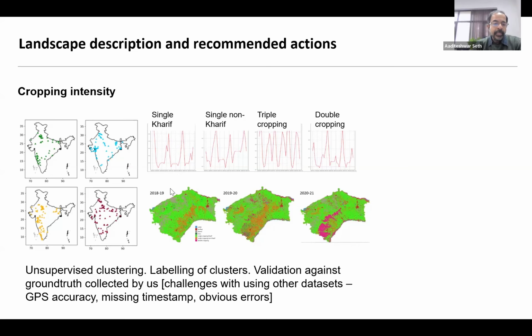We pick up cropping pixels from all across India and build time series of all of them. Then we cluster those time series into high-level clusters. Some clusters very visibly have one peak, some very visibly have two peaks. We say those are double cropping clusters and so on. So that's how this is done.